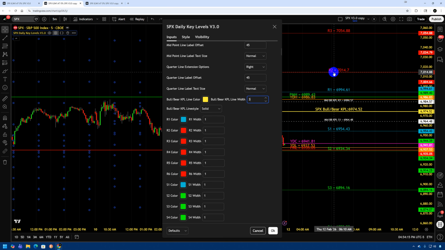Like, let's say instead of having R2 and R3 both be red, you could make a different color, or you could change the line style on R3 and the line width just to make it easier to differentiate between R2 and R3. That's just the way that I do it, for me it's just easier to discern.